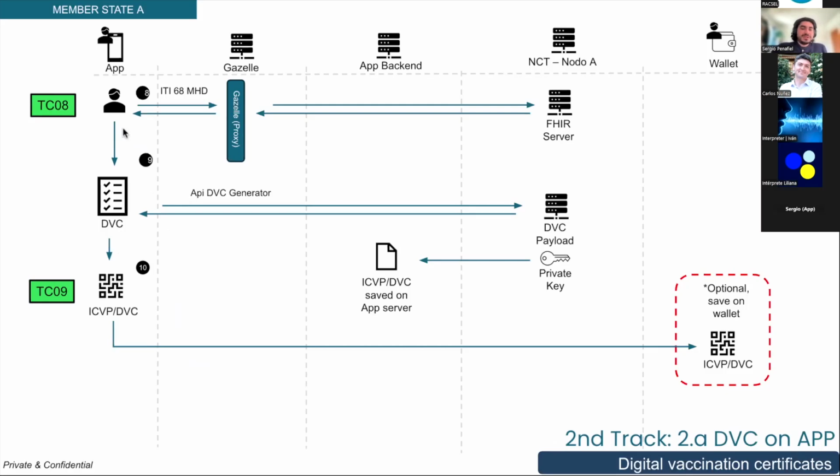You have to get to the FHIR server, get the IPS, and with the IPS they make a request to the country node in order to create the ICVP certificate for the immunization and to have it deployed in the application. So that is the first part, which is issuing the ICVP from the application.